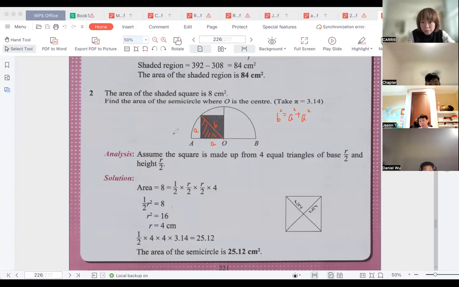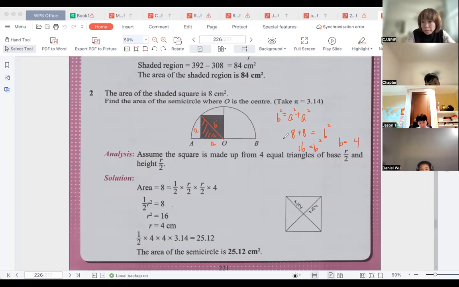Since A squared, we know the shaded area of the square is 8 square centimeters. So 8 plus 8 equals B squared, so 16 equals B squared. So B squared equals 16 and B equals 4. Did you get it, everybody?